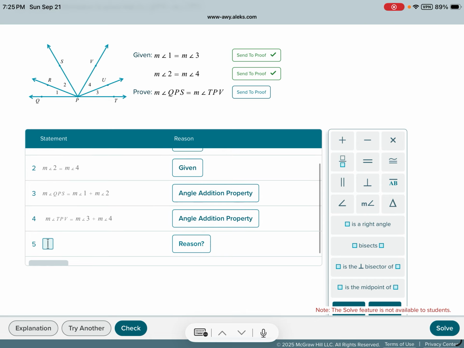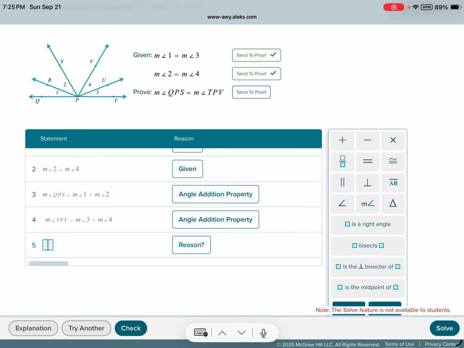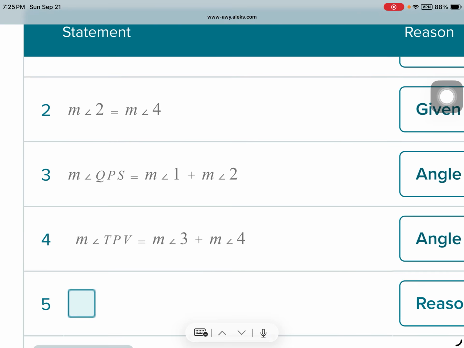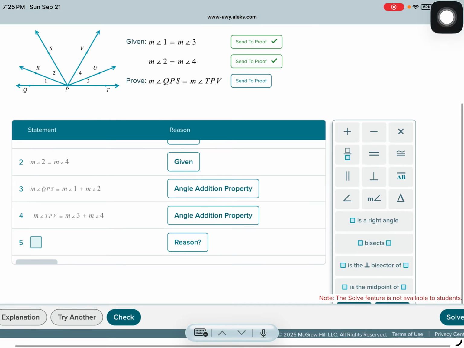All right. Now, what I really need, okay, I need that QPS on one side and TPV on the other side. What I really need to set equal, I need to show that they are equal to the same thing.